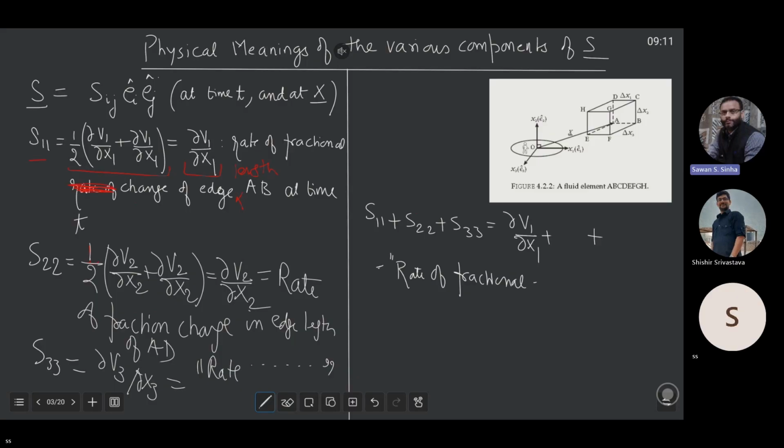If you add all of them, if you add the 1,1, 2,2 and 3,3 components, you get this. This also has a physical meaning. Remind ourselves, what is the physical meaning? Rate of fractional change in volume of the fluid element.